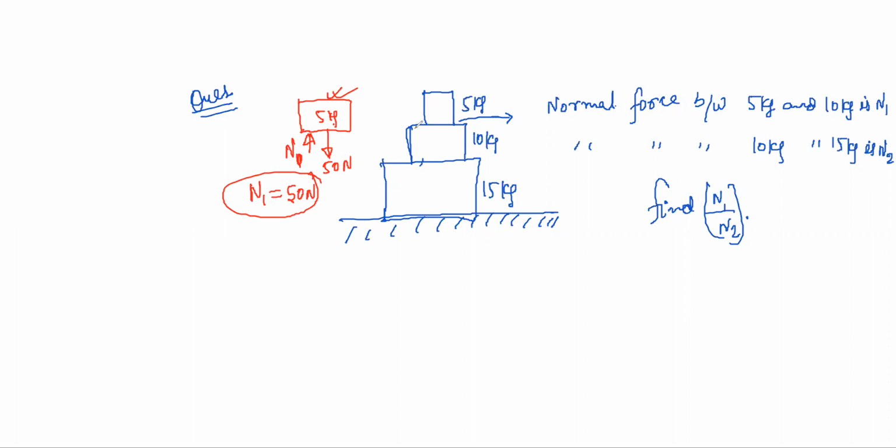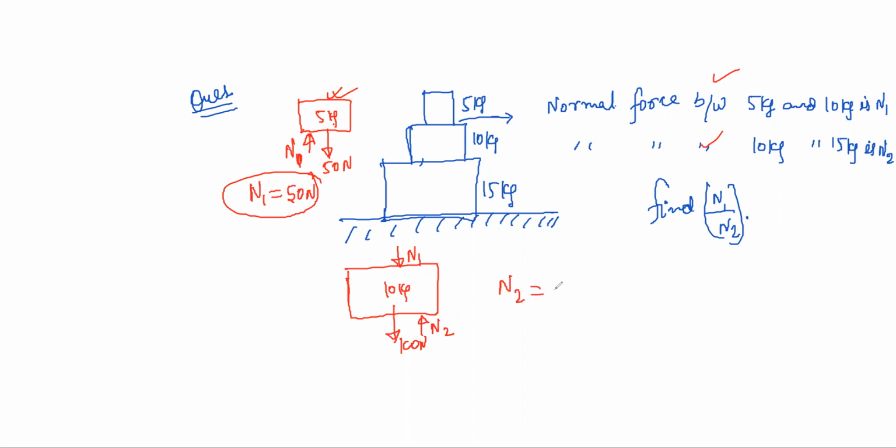Is this okay? Now suppose I draw the free body diagram of 10 kg. 100 Newton is in the downward direction. N1 is the normal force from the upward direction and N2 is the normal force from the downward direction, as given in the question. Now, if this is in equilibrium, what will be the equation?